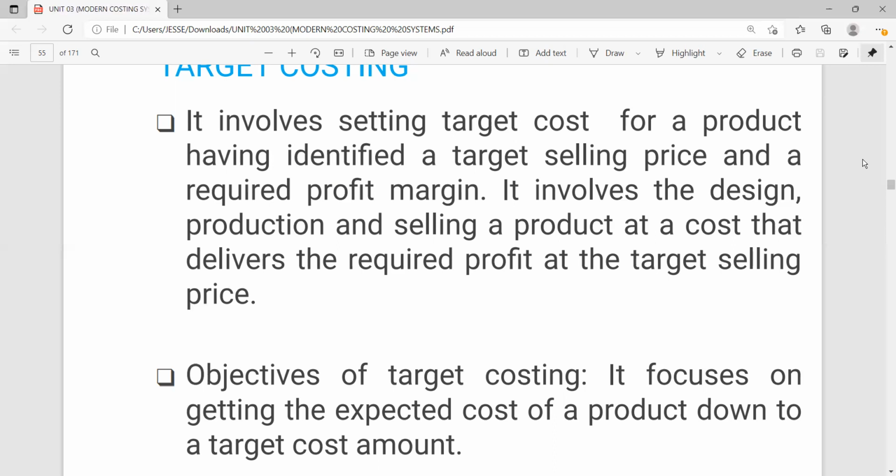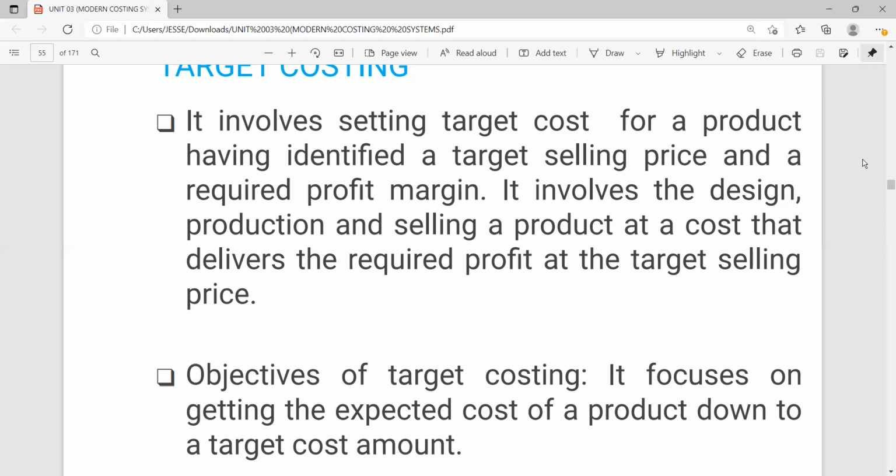They set the selling price, they determine the profit margin, and then from there, they have a target cost, which simply means the cost bracket within which the product must be produced. So here we say it involves setting target costs for a product, having identified, number one, a target selling price and a required profit margin.